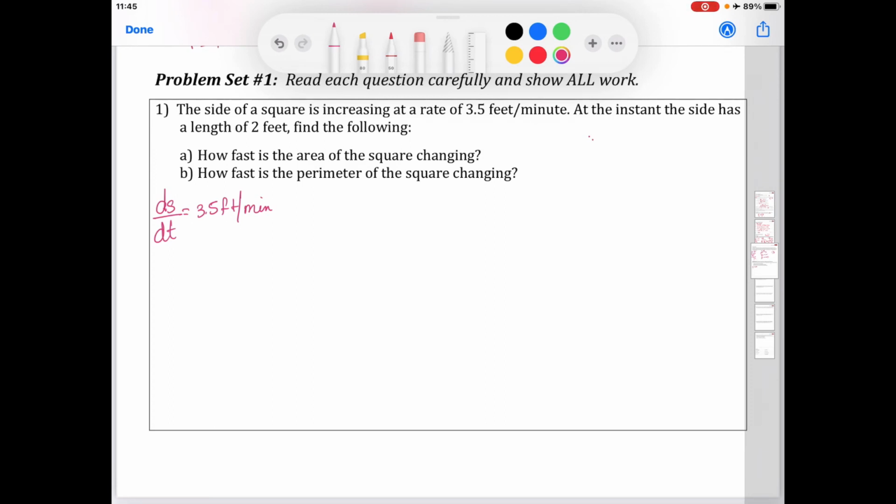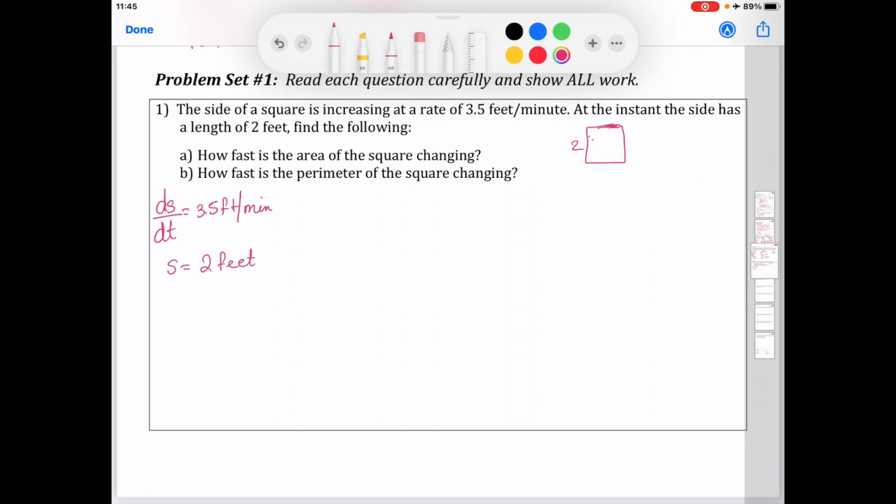At the instant the side has a length of 2, I'm going to sketch a square also. So my side length is 2. So my S, we used S for the side length, is 2 feet.